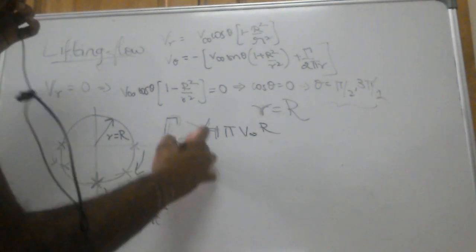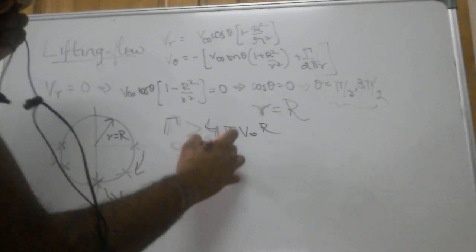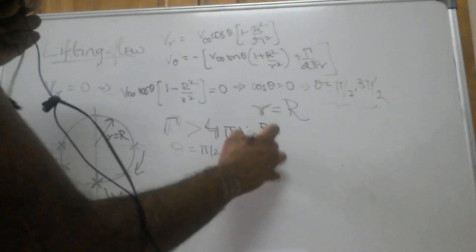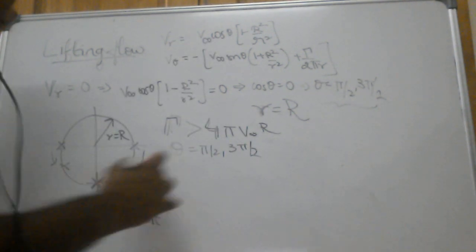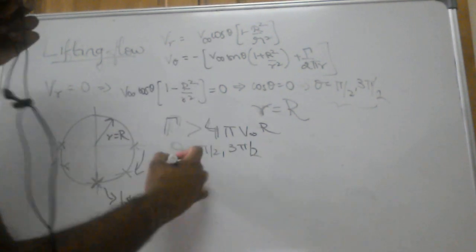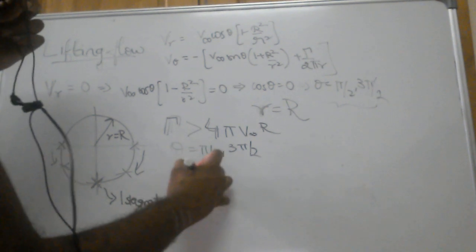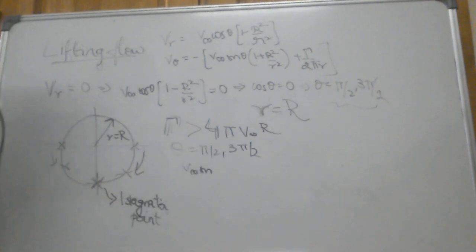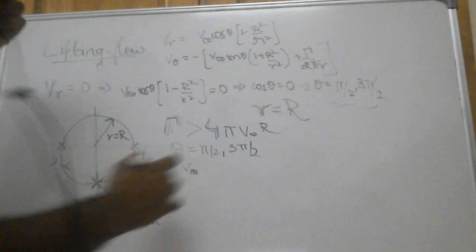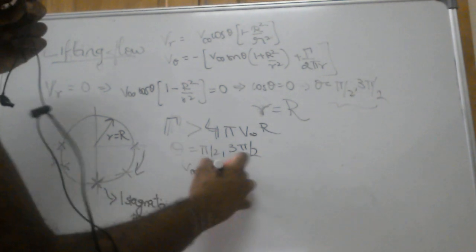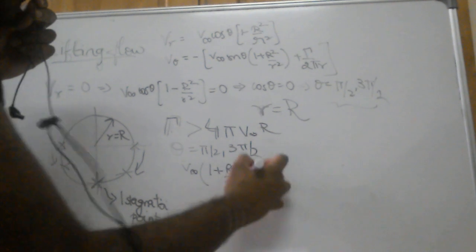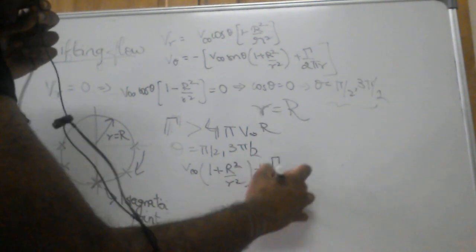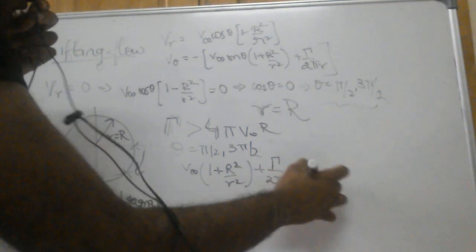Now let me substitute theta equals pi by 2 and 3 pi by 2 in the expression for v theta. First, let me substitute theta equals pi by 2. So v infinity sine theta happens to be 1, because theta is pi by 2, into 1 plus capital R squared by small r squared, plus gamma by 2 pi r. This is 0.